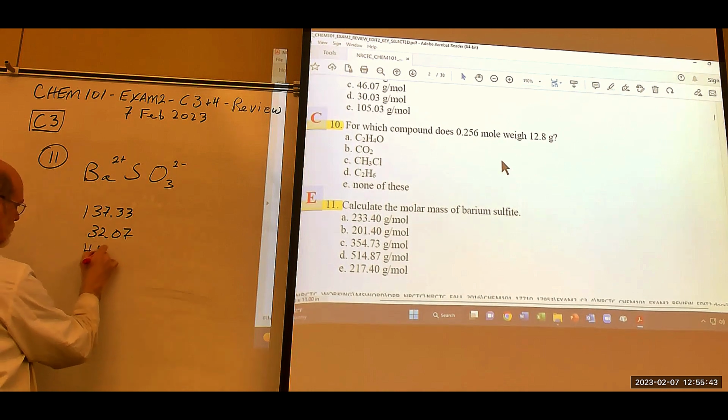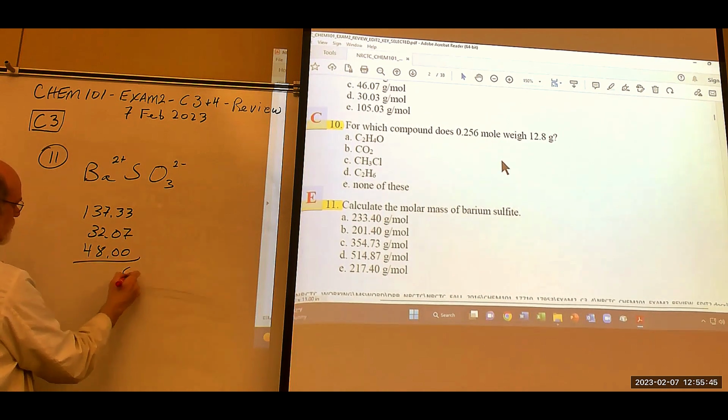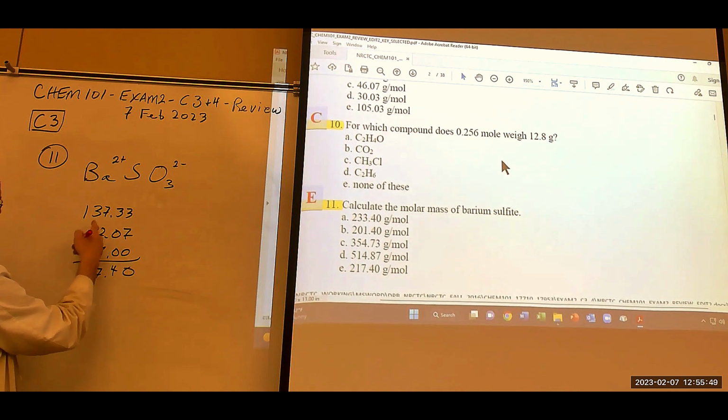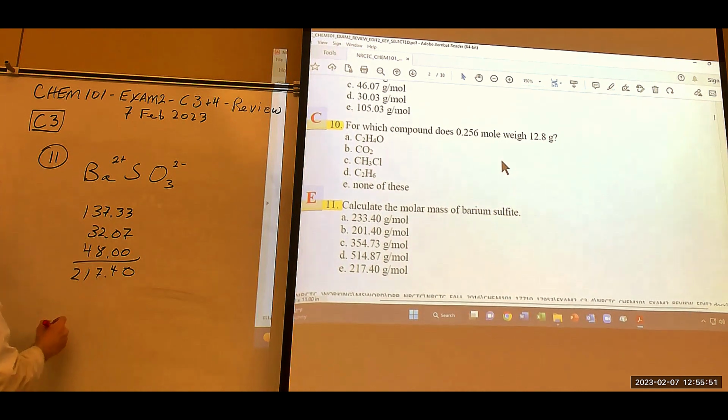Yes. That's 217.40. There. Grams per mole.